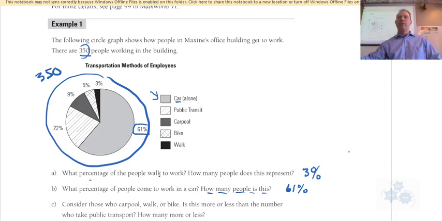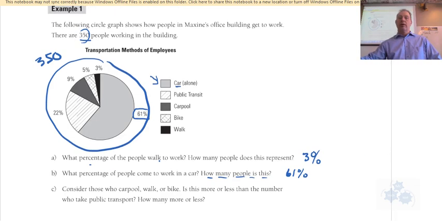Could you change the percentage into a decimal and then divide it by 350? Okay, you said change this into a decimal. I like that. 0.61, because if it's out of 100, you move the decimal place back 2 spaces, and that's the decimal form. And then you said divide it by 350.